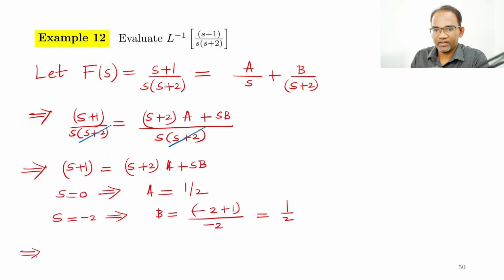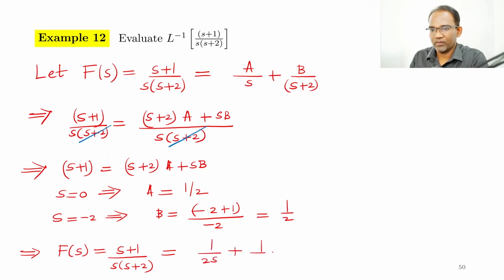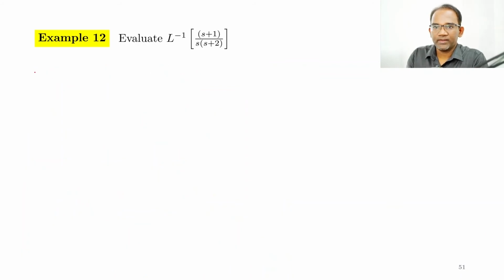And from here, we have F(s) equal to (s plus 1) over s(s plus 2), and this is equal to 1 over 2s plus 1 over 2(s plus 2). That is, L inverse of 1 over 2s plus 1 over 2(s plus 2).